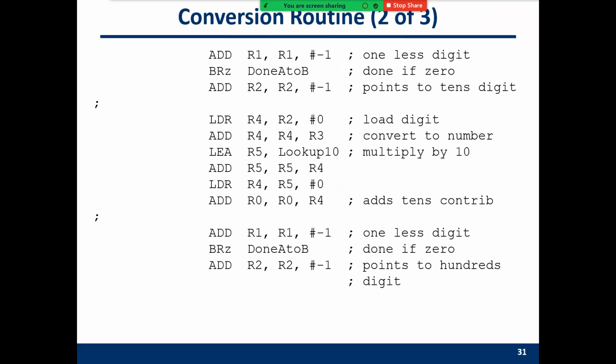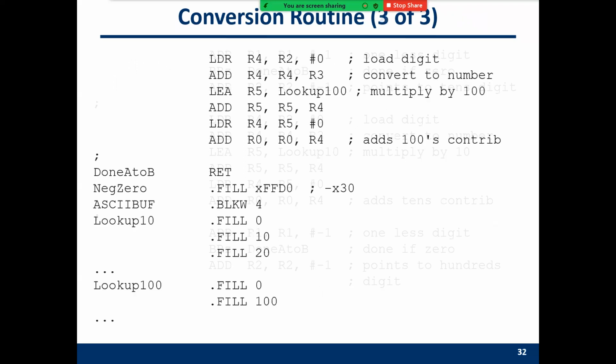And then we process each ASCII digit one by one. We use the digits to look up the tables here. So eventually we can add all the values together to have the results.